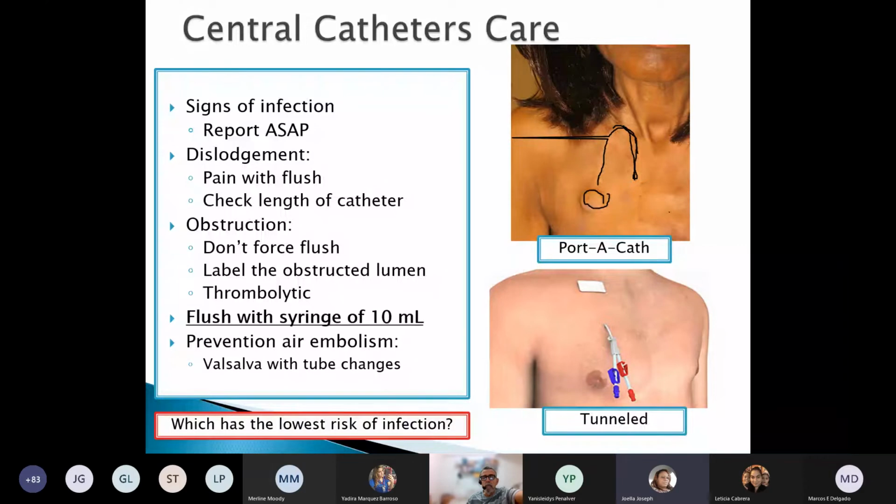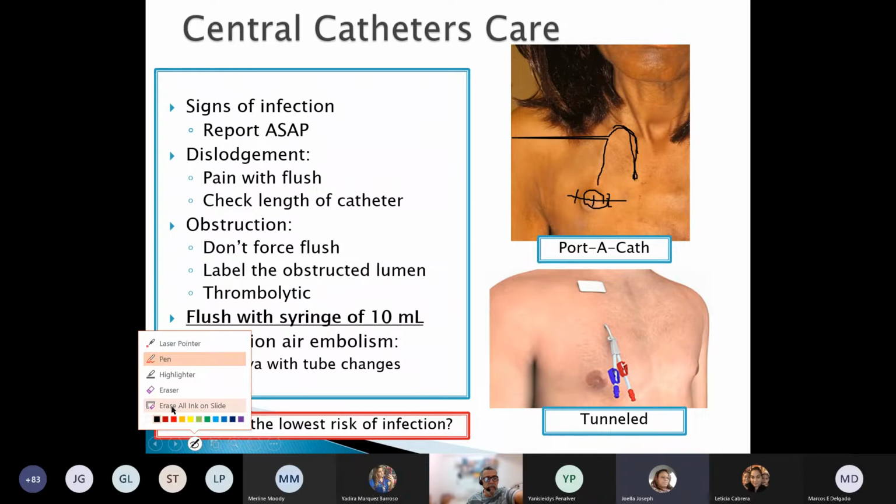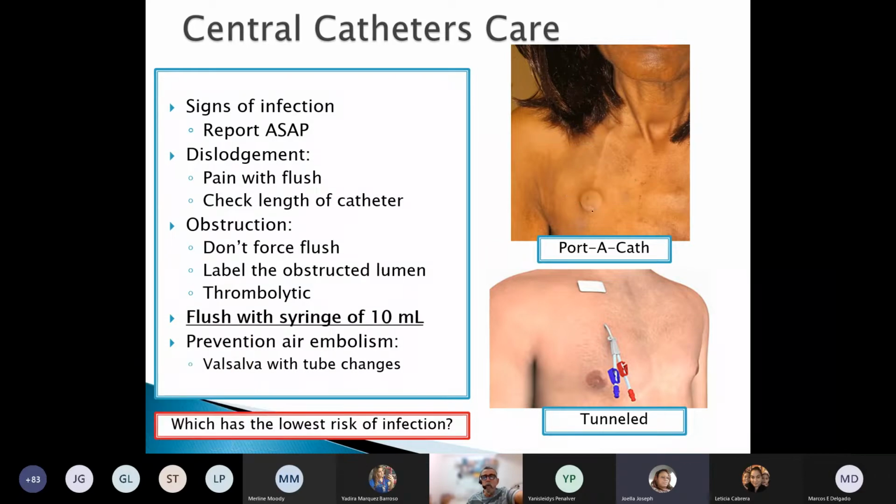And the skin, of course, had a wound with stitches 1 year ago and is already healed. So there is no way for any infection to enter here. That's why the port has the lowest risk of infection.